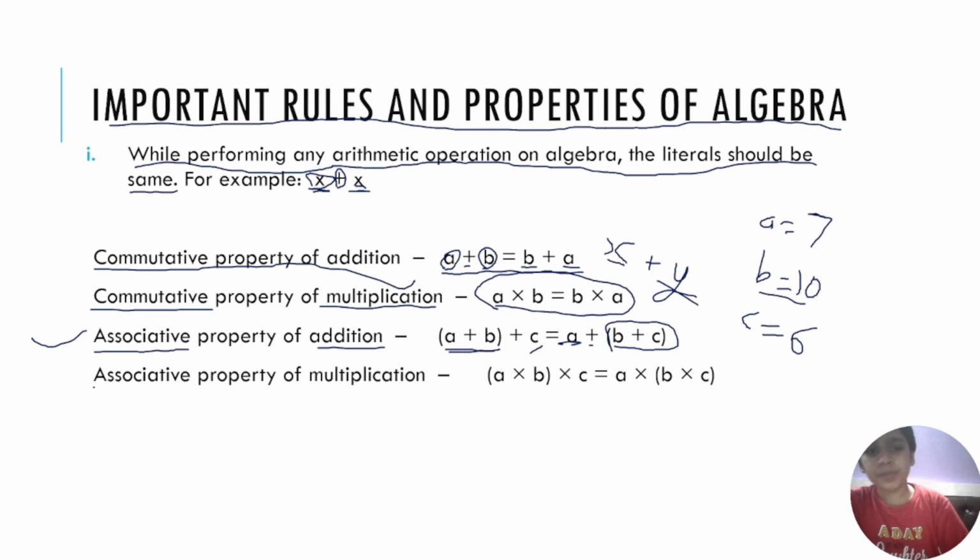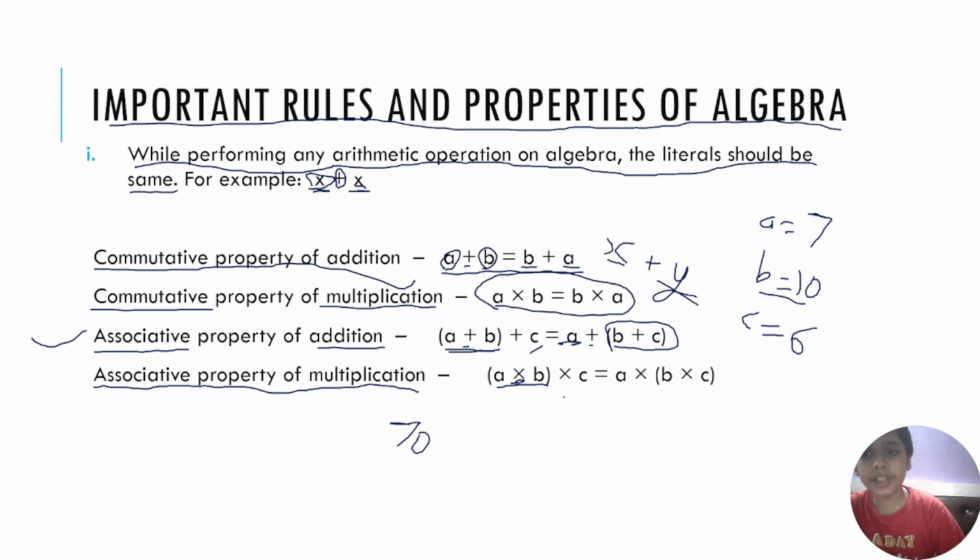The next property is the associative property of multiplication. This is similar to the addition one, but instead of the plus sign there is a multiplication sign. So let's solve this also with an example. Using the same numbers, a multiplied by b, that means 7 multiplied by 10, is equal to 70 in the bracket, or we can remove the bracket also.